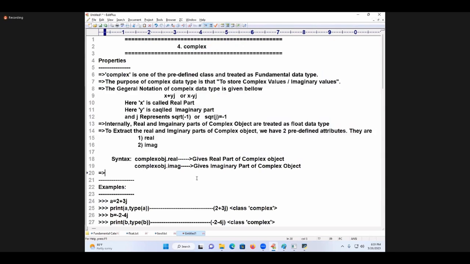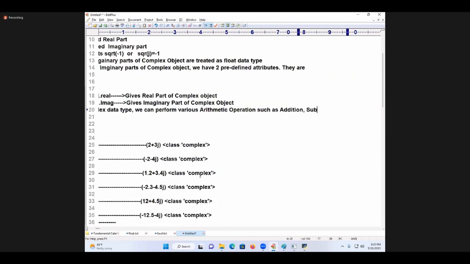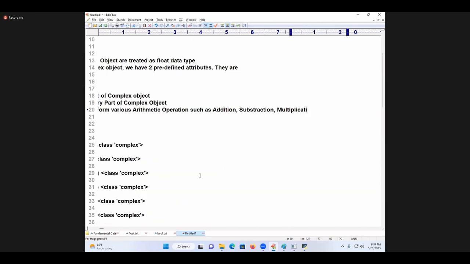On the object of complex data type, we can perform various arithmetic operations, such as addition, subtraction, multiplication, division, etc.